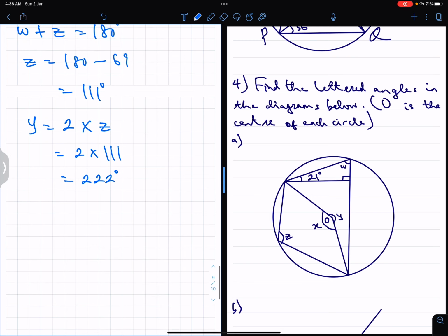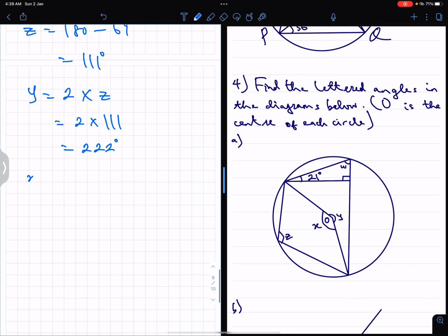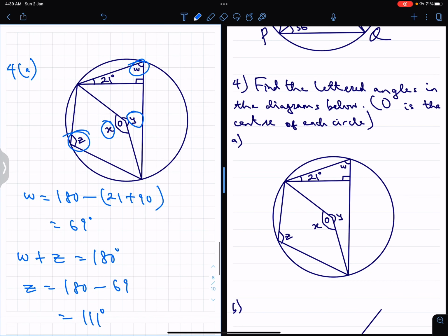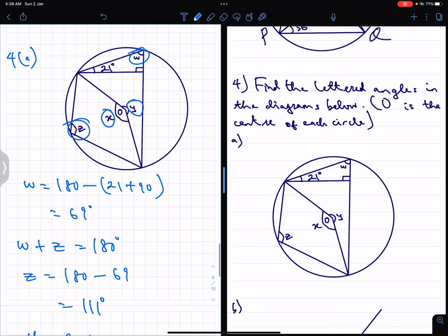So X equals 360 minus Y, which means 360 minus 222, and that's 138 degrees. That's all. We found W, X, Y, and Z.